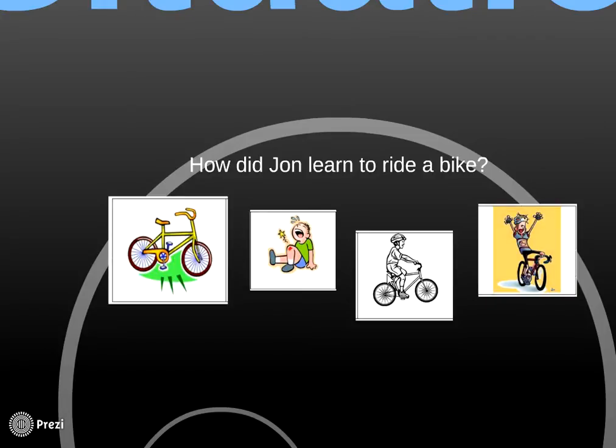Then he reaches this level of expertise here. He's riding without any hands. He's doing wheelies in the street, and he can do anything on the bike. He and the bike are one. So that's John's story of how he learned to ride a bike, going from complete beginner to the expert he is now.